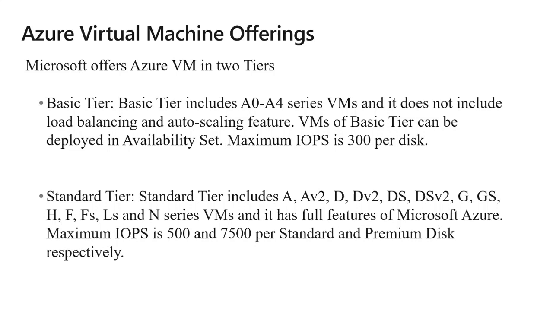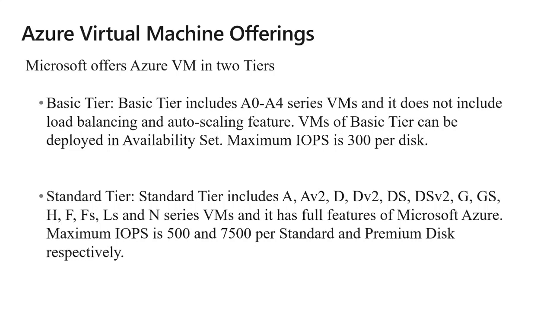It is just for batch process computing and for testing. And for the same cost you can get a standard tier virtual machine. So my recommendation is always go with the standard tier, even if it's a demo project, right?